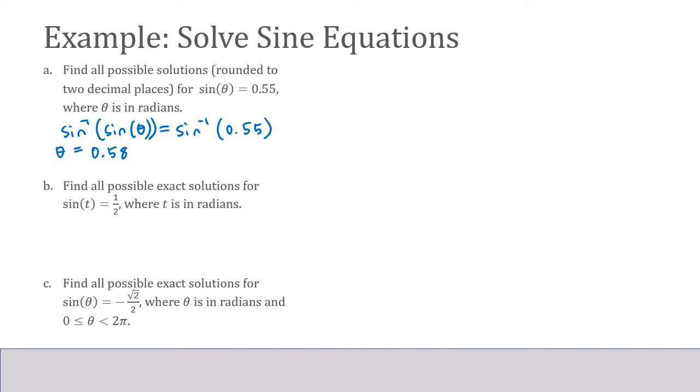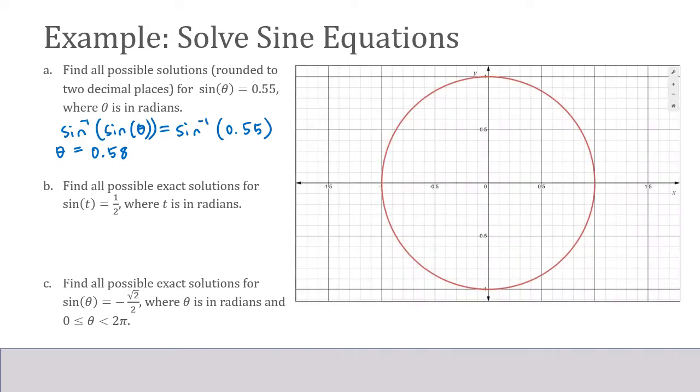Now, that makes sense to me because if I think about the unit circle, here's the unit circle, that is an angle measure that is producing a sine of 0.55. That's a positive number, and we know that we see positive sine values in quadrant 1 and also in quadrant 2. In fact, 0.55 for a sine is going to be about maybe right there, right?